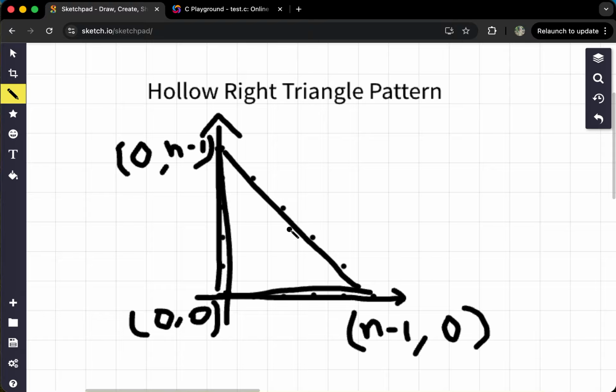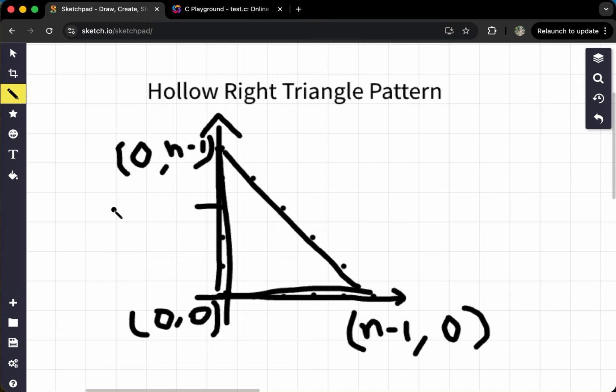Now let's find out the equations of each of these lines. So let's take this line. For this line, we can see that x will be 0 in every point. Since this is a vertical line and it's starting from origin, all the points will have x equal to 0.